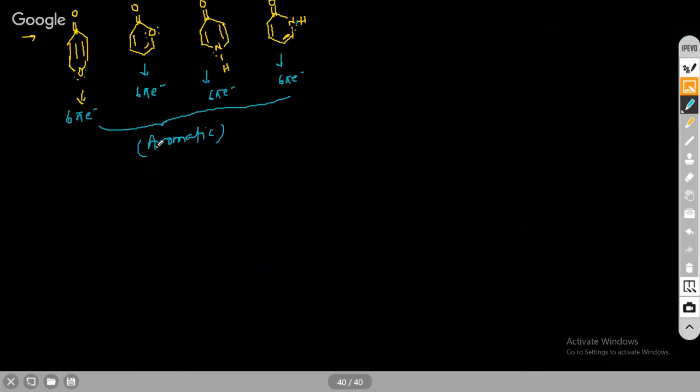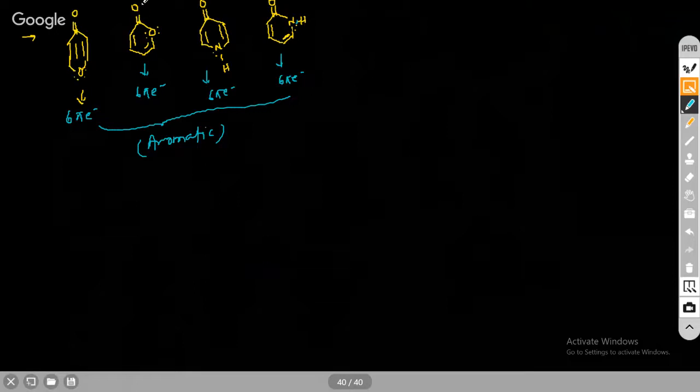Double bond O, this double bond O we don't count. We only see the compound's aromaticity. The condition is what? We must have a cyclic ring. So when you only consider the cyclic ring, because of this double bond, what happens? This carbon is not sp3 now. It is sp2. So that is the benefit of this double bond O we have.